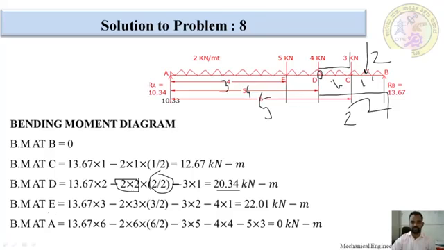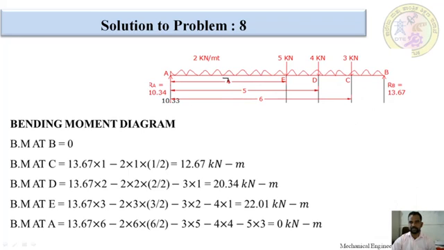Okay, after that we have to find out at E point. At E point, I am going to do calculation. This is 3 meter, this is 4 meter, this is 5 meter. This is 1 meter, this is 1 meter, this is 1 meter. Okay, after that 13.67 is the positive value because upward force is positive in bending moment calculation. Up to here we have to calculate 3 meter, 13.67 into 3 meter, completed. This is positive. These threes are negative.